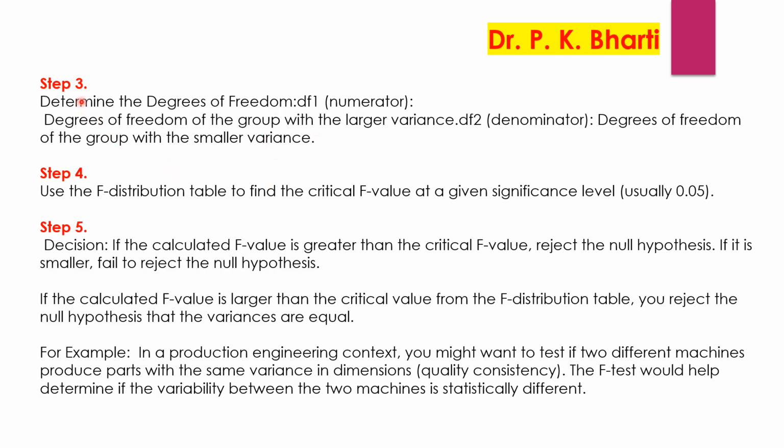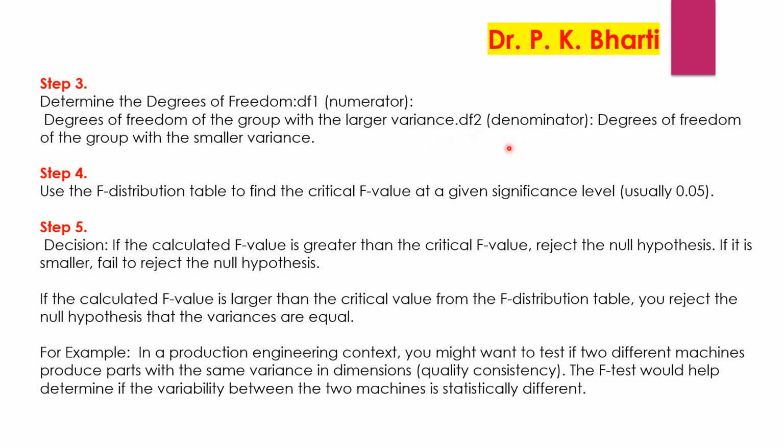Let us see step 3 for the F-test. In step 3, we determine the degree of freedom for both the samples. For the sample in numerator, we say the degree of freedom as df1. And for the sample 2, or the sample which is in denominator, we take degree of freedom as df2.